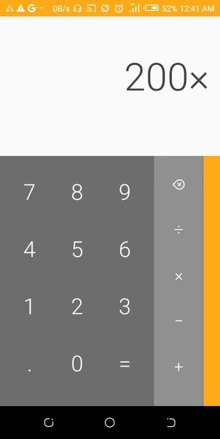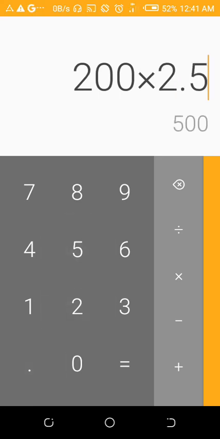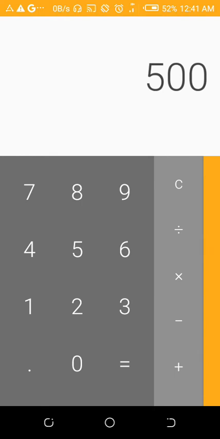So 200 times 2.5 divided by 100. That's 5.